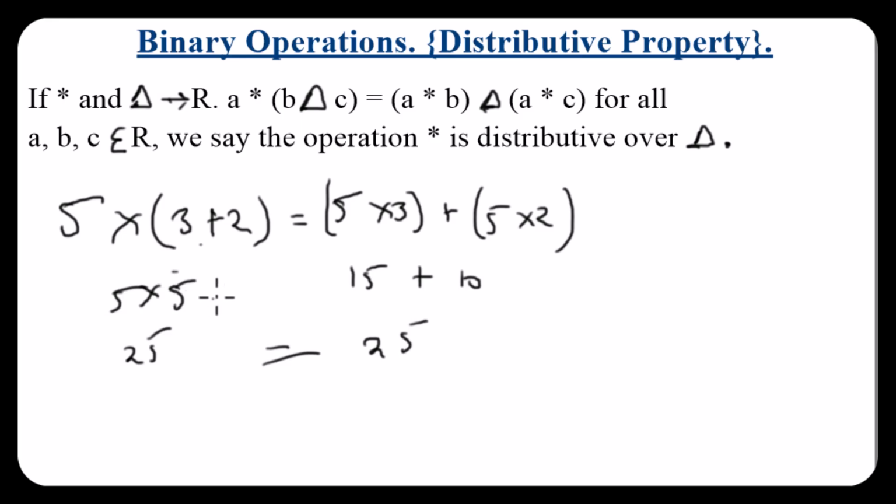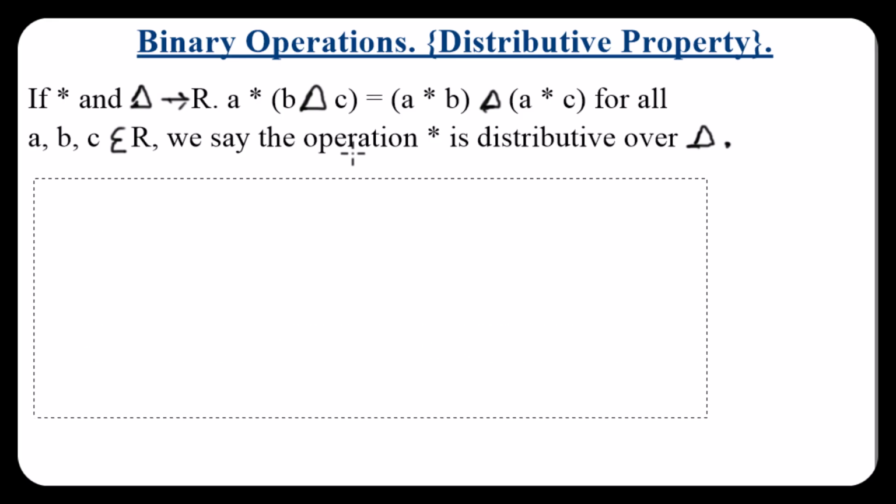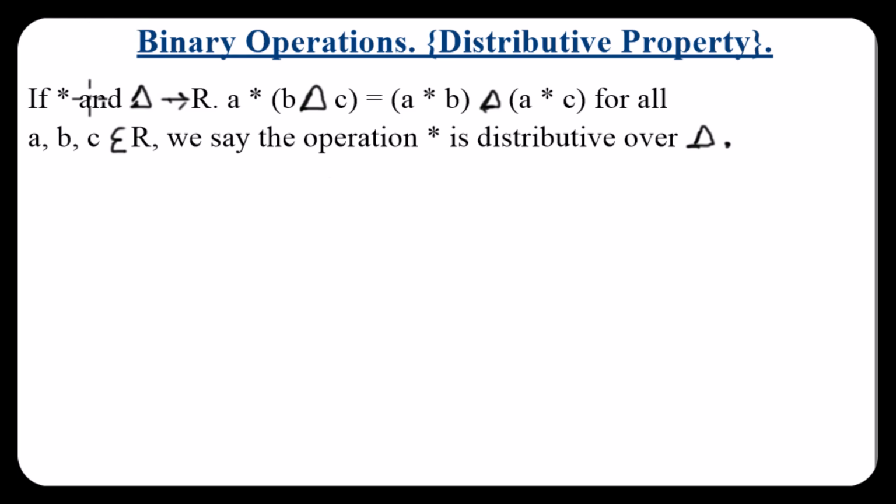All right, let's see another demonstration. Let's see whether multiplication is actually distributive over subtraction, and then we can conclude whether or not it is. This time, let's say we have 4 times (5 minus 2).